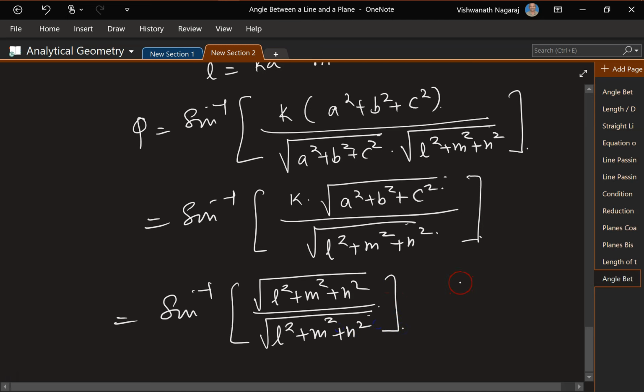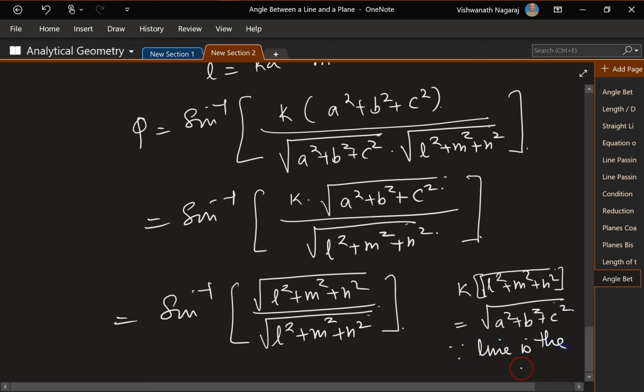Now why did that a square, b square, c square suddenly become l square, m square, n square? Because k times the square root of l square plus m square plus n square will be equal to the square root of a square plus b square plus c square, since the line is the normal.